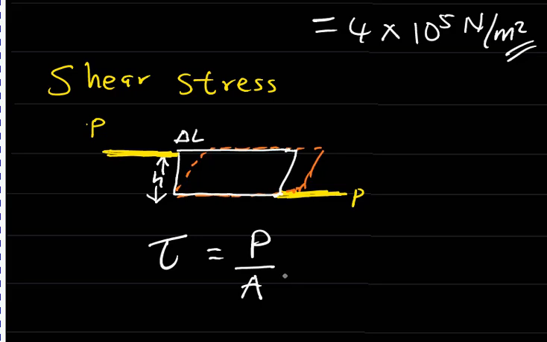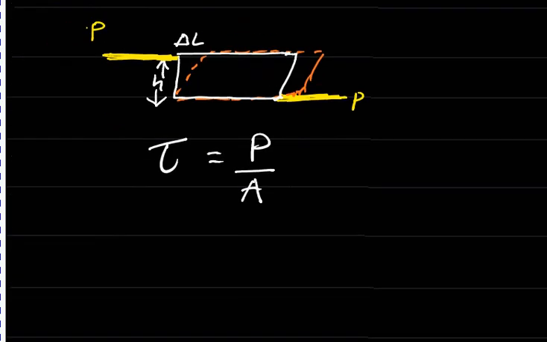Please take note of that. It's still the same, but the difference is that this time the force is not a tensile force pulling the material apart, but is tangential to the material. Of course, the SI unit still remains the same, Newton per meter square.